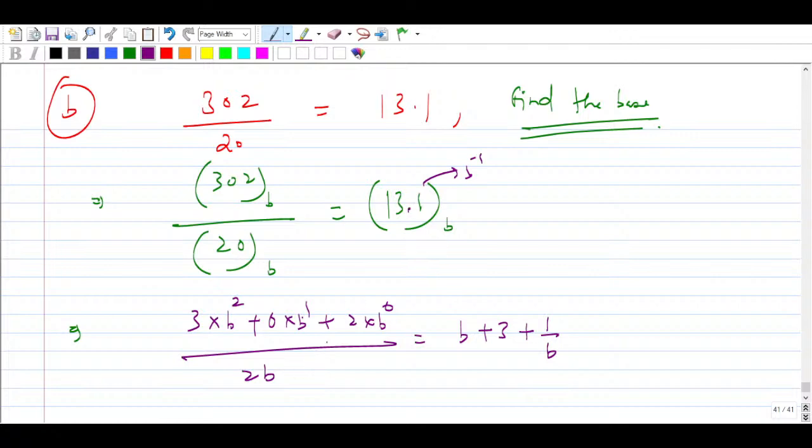Further you can solve this. So I hope you would be able to solve this, okay?